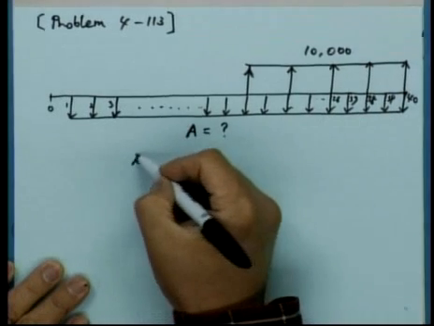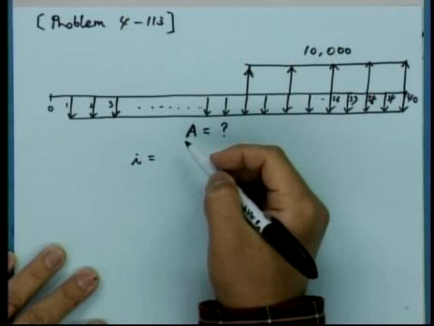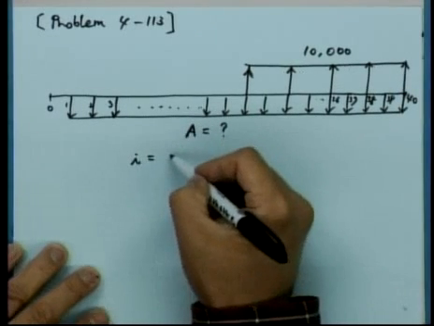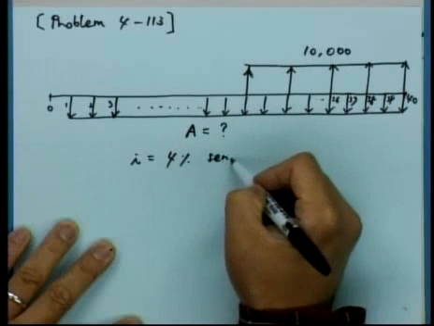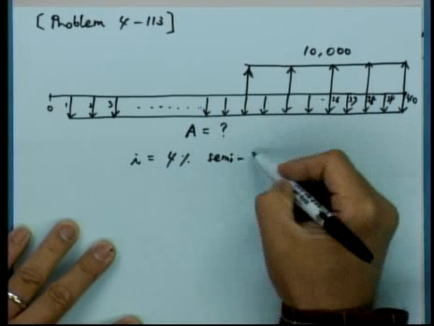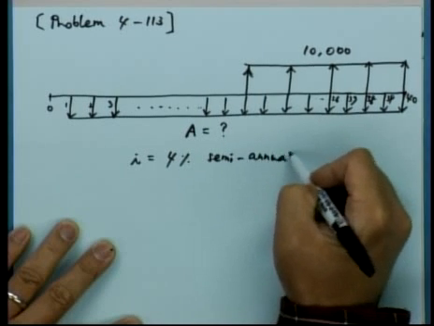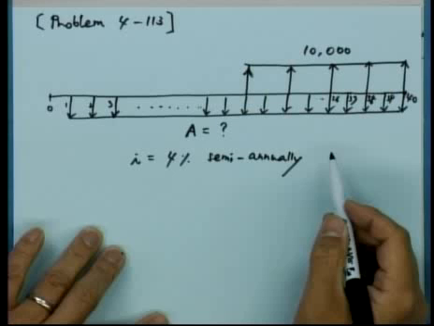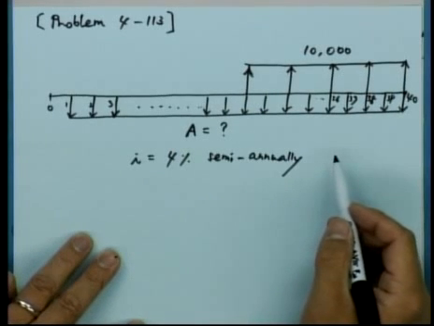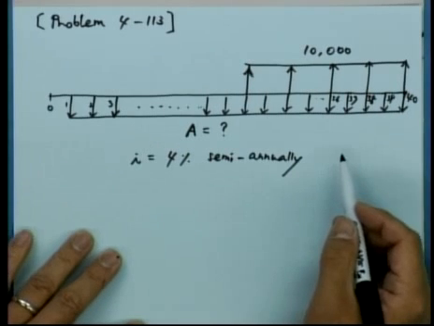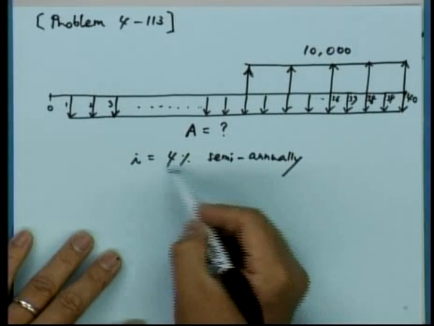And what is the interest rate that you are going to use? Is that 8%? No, it's going to be 4%, right? Semi-annually. Because there are 2 semi-annual periods in a year, so 8% divided by 2 becomes 4%, right?